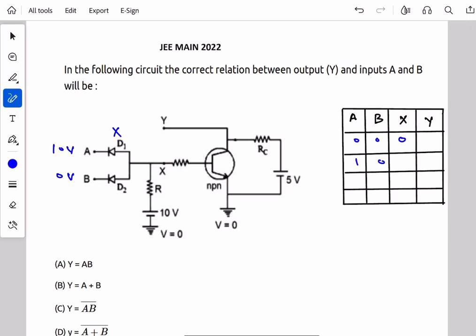But diode D2 is still forward biased and current will flow freely through it without any resistance. Again there would be a potential drop of 10 volt across this resistor R and potential at X will again be 0 and this would be in the off state once again.